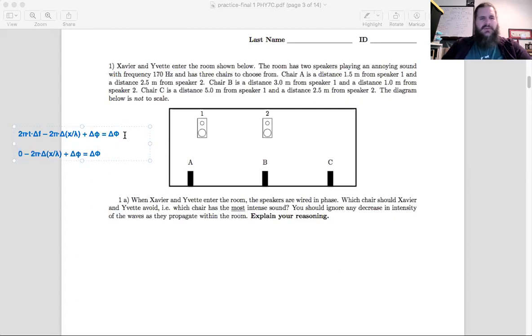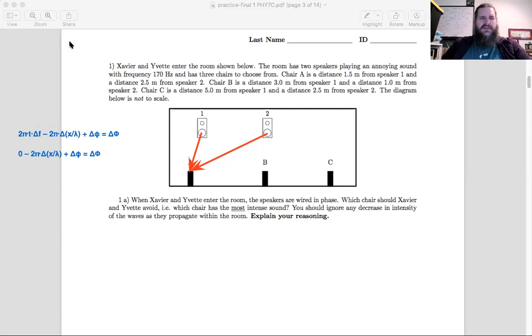No difference in frequency. Is there a difference in path length? Yeah, like for instance, if you're standing in chair A, you've got wave 1 traveling this far, wave 2 traveling this far. Those are different distances, x1 and x2, so there is a difference in x.